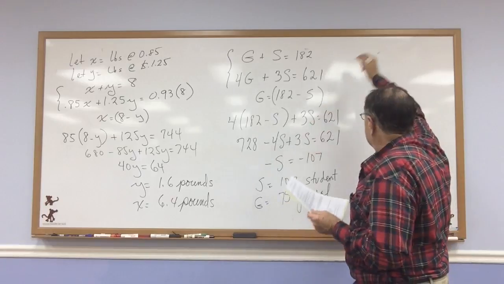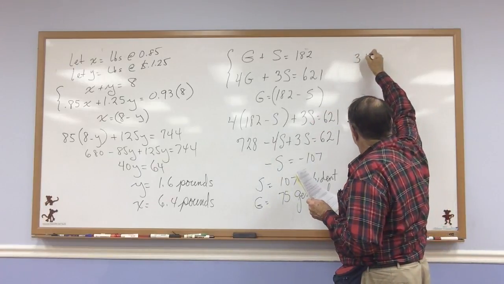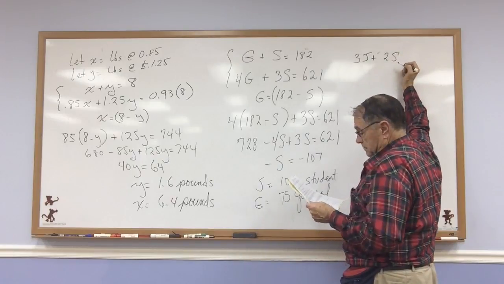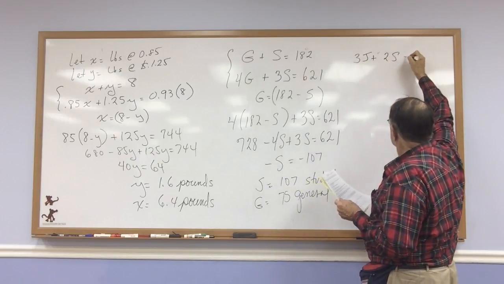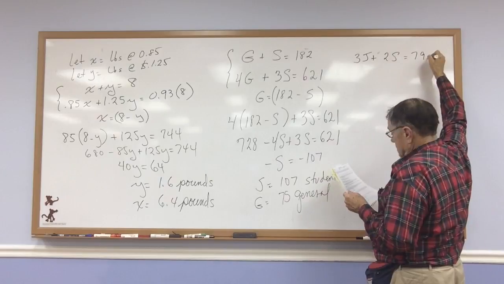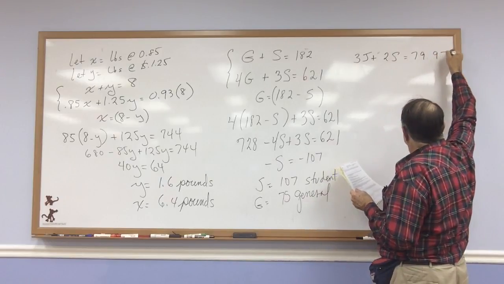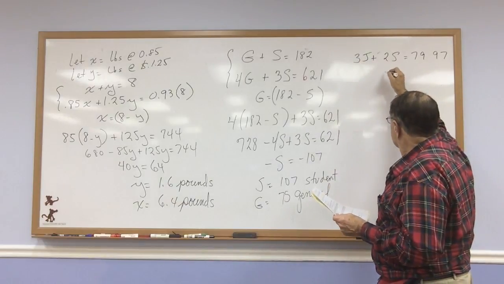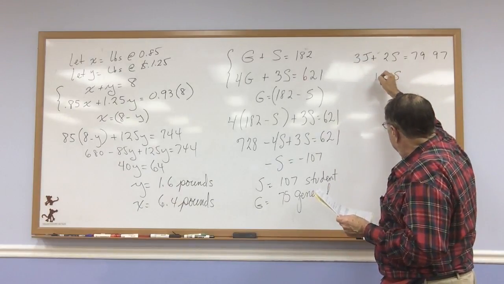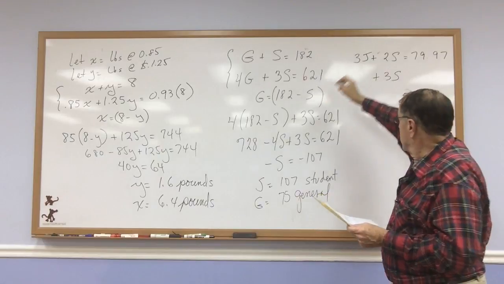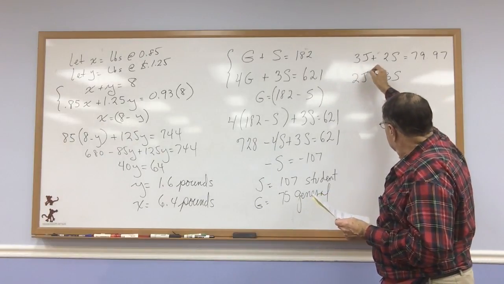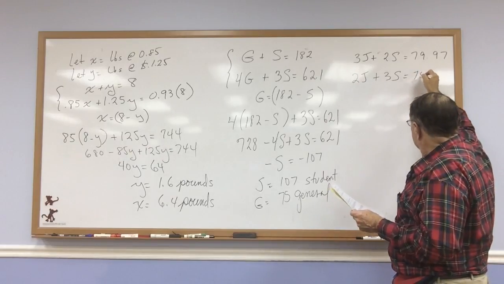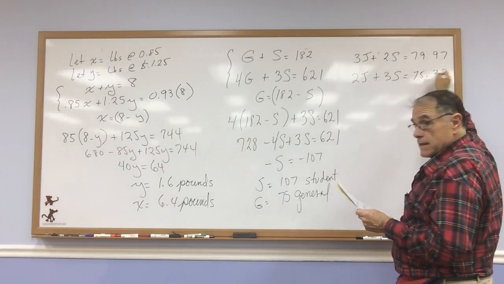So 3 tickets in Japan plus 2 in Switzerland would cost $79.97. 3 tickets in Switzerland and 2 tickets in Japan would cost us $75.33.